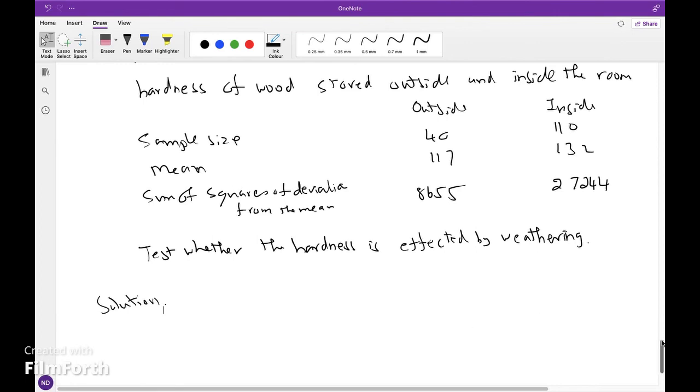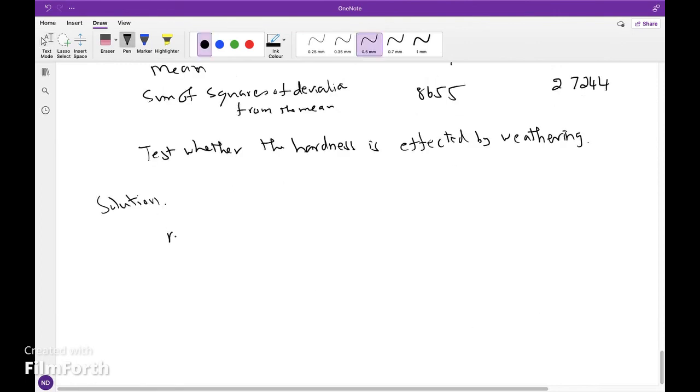Here sample size n1 equal to 40, n2 equal to 110, and x1 bar equal to 117, x2 bar equal to 132.